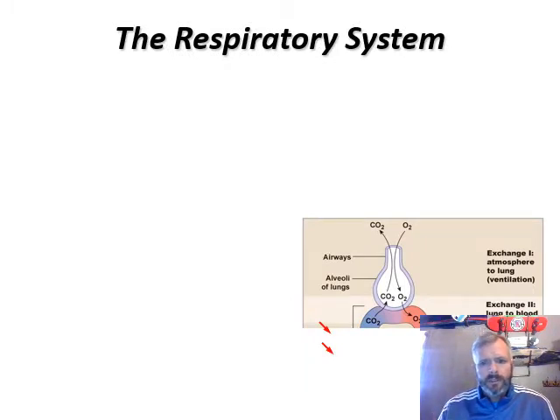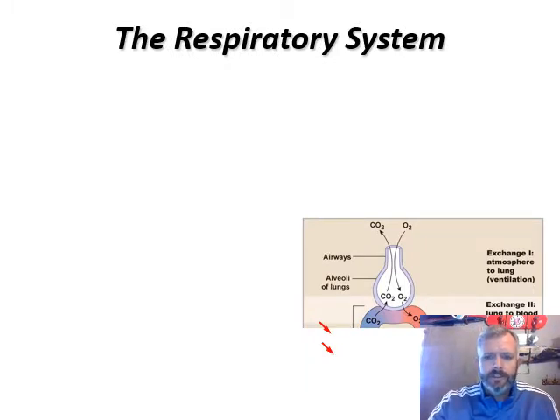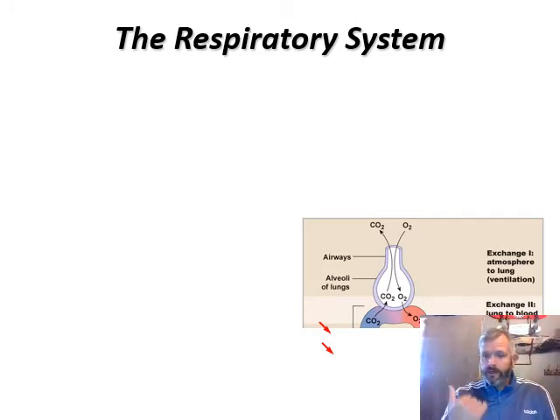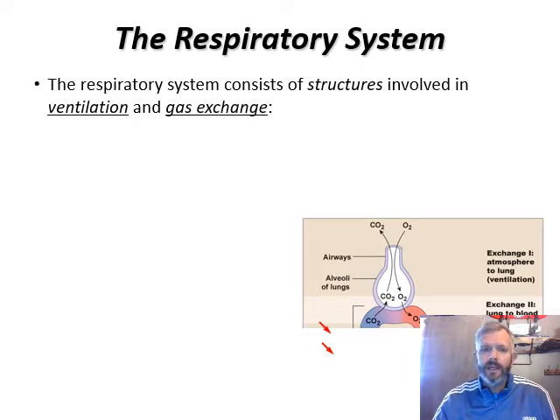So our respiratory system consists of these structures involved in what first do we need to do? We need to get the air in, right, using our lungs. And what else must take place? Once we get the air down into the lungs, we have to get the gas exchange, because where do we need to bring the O2 in?